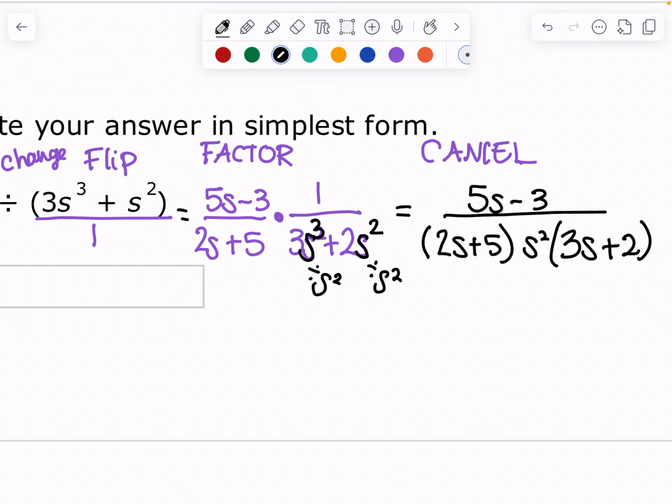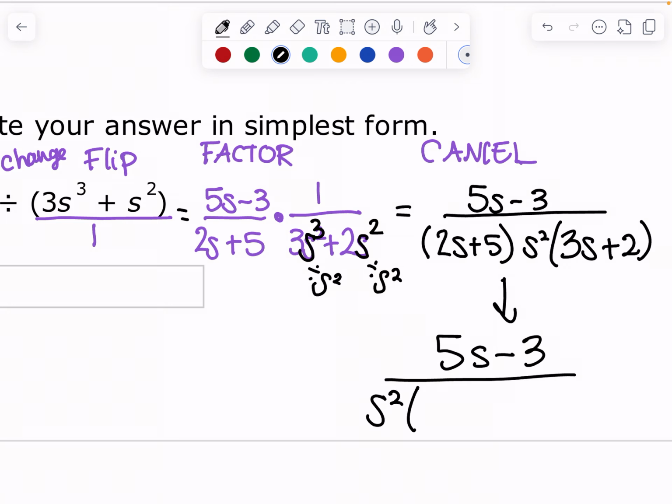And then we just have to rewrite it. So it's going to be 5s, because nothing cancels. So not satisfying. But s squared would go in the front, and then everything else that was there. So I hate having the s and the 5 together. 3s plus 2. So that's the answer to that one.